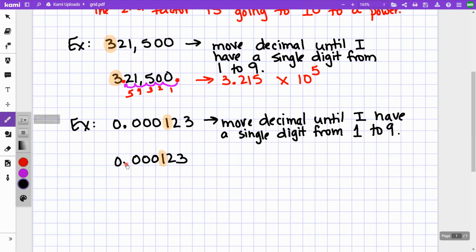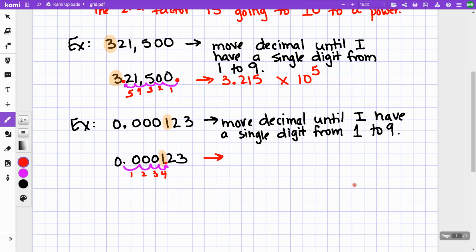And I am going to move this decimal 1 place, 2 places, 3 places, 4 places until it is right here. So I moved it once, twice, 3 times, 4 times.